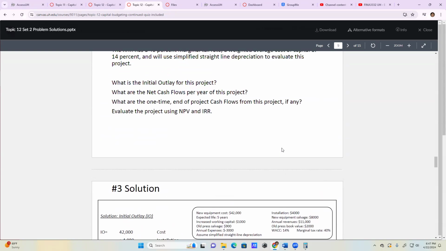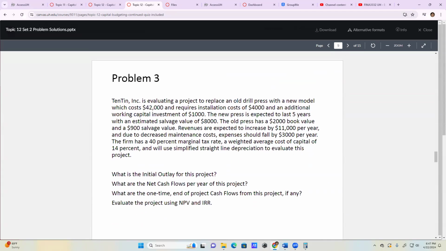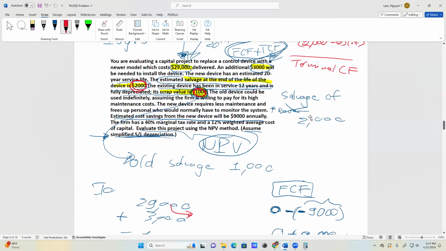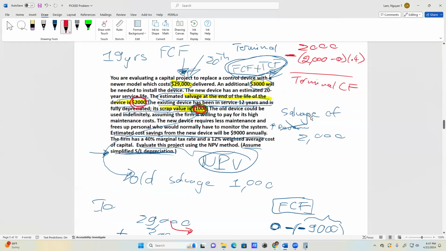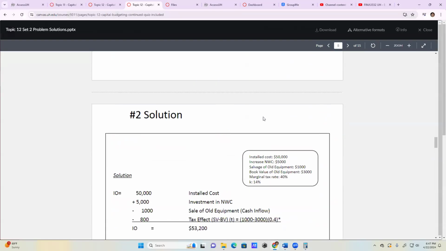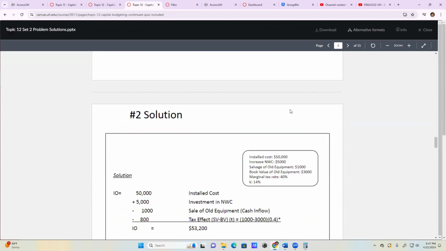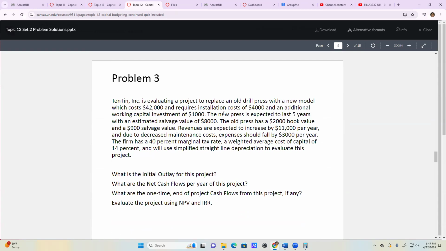However, let's use this problem up here. This is a problem we solved before. Okay, I don't think it's the same, but let's look at this problem and try to identify why it's different.